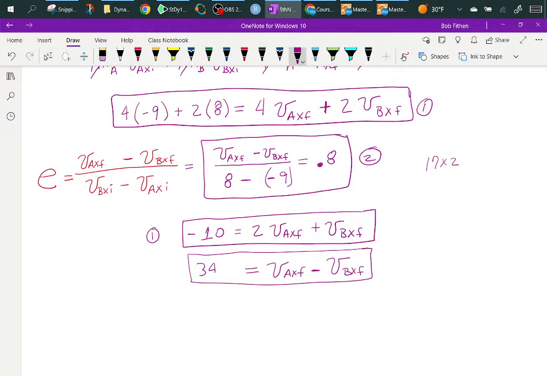Now I can add this one to this one. If I add equation 1 plus equation 2, I get 34 minus 10 equals 2. Add those two together, I get 3 VAXF, and that's it.